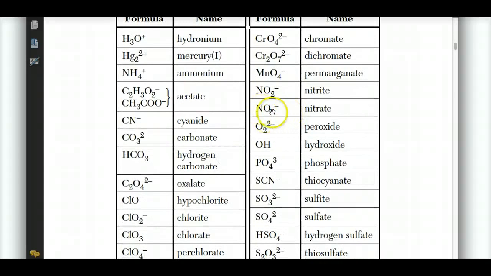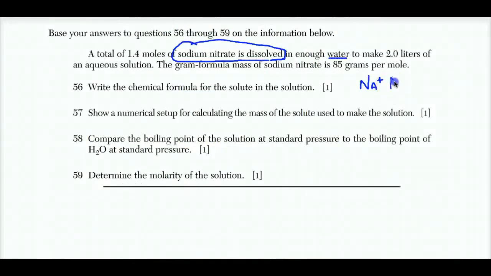This whole cluster, this polyatomic ion, this N bonding to O covalently, needs an electron to make that stable. So this whole cluster is -1. So nitrate is NO3, -1, and it's a 1-to-1, so it's NaNO3.